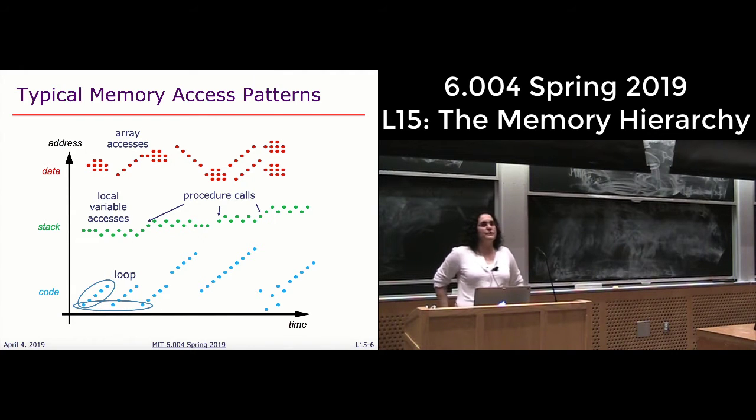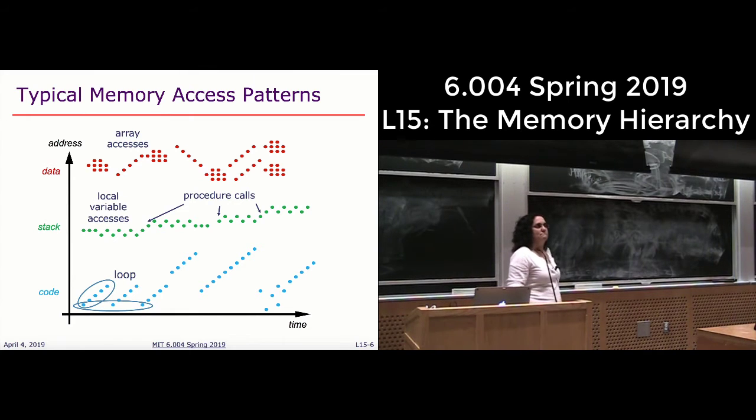We're going to start with the code, and this is just an example of what your access patterns might look like over time. Who can tell me what this sequence of instructions, that I then see again here and here, might correspond to in my program?